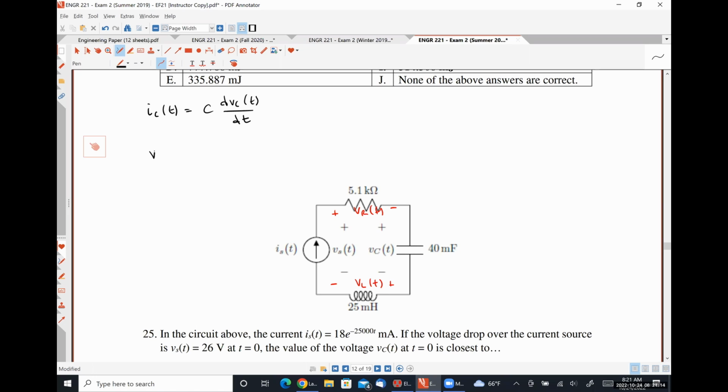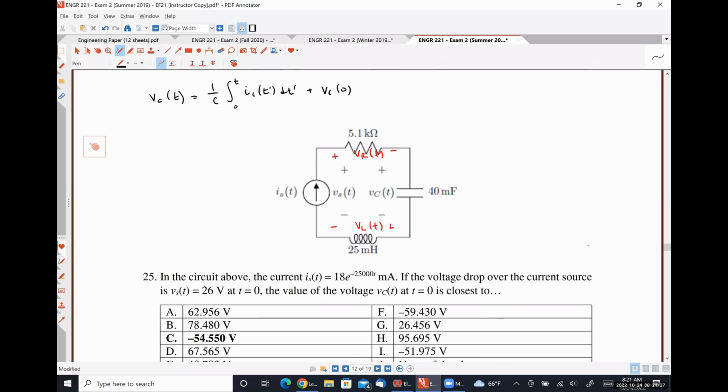And VC is equal to 1/C times the integral from 0 to t of IC(t') dt' plus VC at 0.